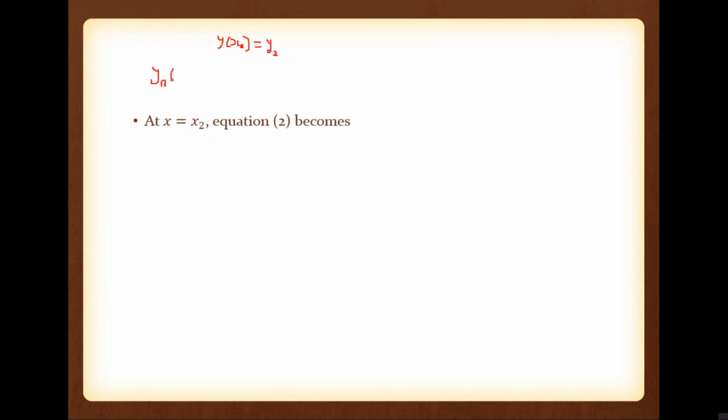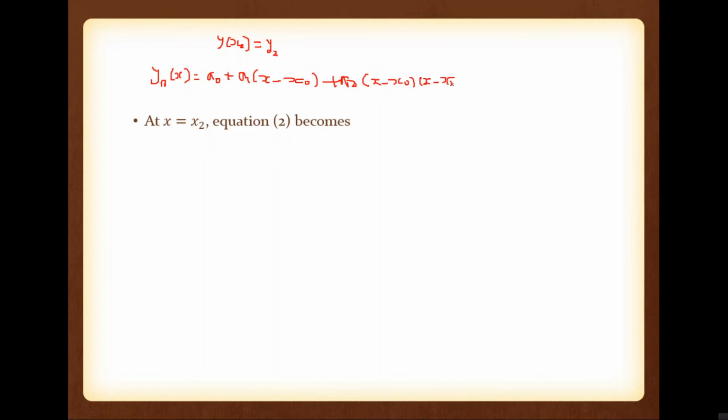We can write yn of x is equal to, again a0 is y0, plus a1, that is delta y0 divided by h, into x minus x0, plus a2 into x minus x0 into x minus x1.